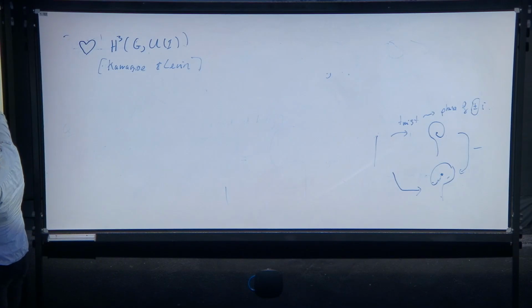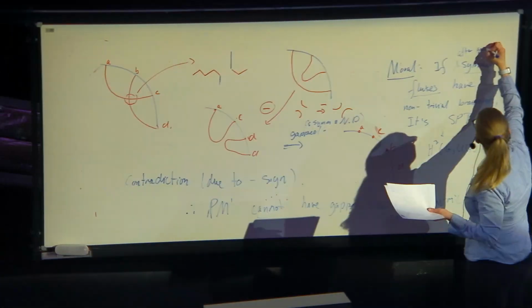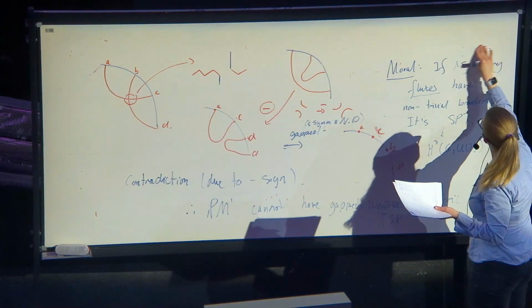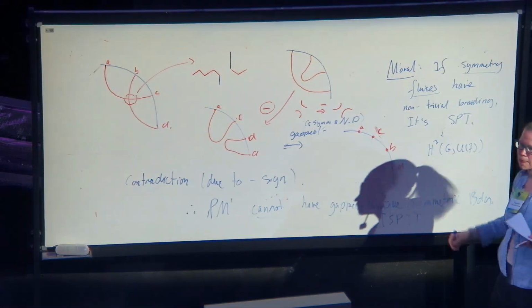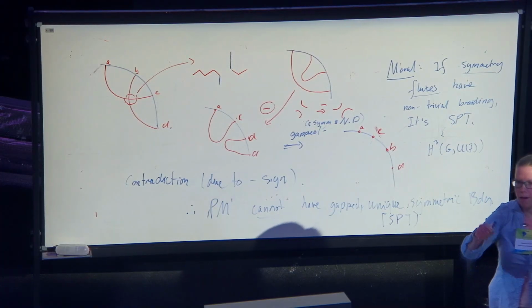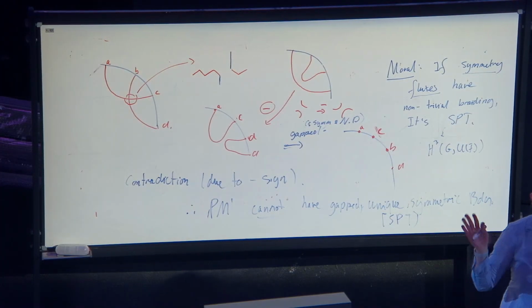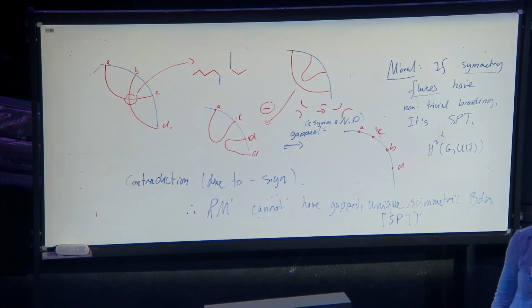Well, I guess if you really are adding them as defects and they're line defects, then okay. But they're fixed line defects, you're not summing them.